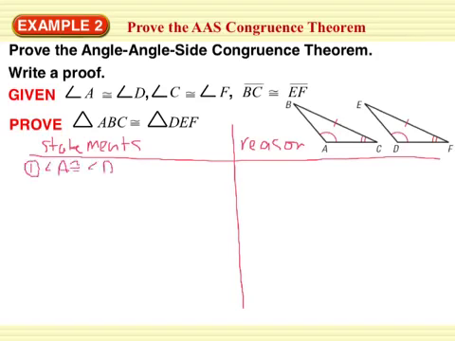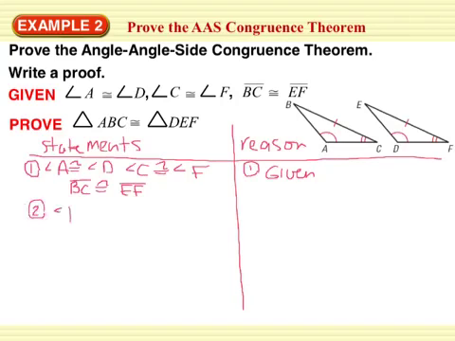Angle A is congruent to D, angle C is congruent to F, and segment BC is congruent to segment EF because they are given. We can also say that angle B is congruent to angle E. We'll mark that in there. And we know that because of the third angles theorem.